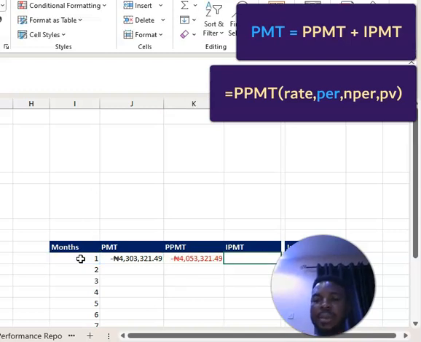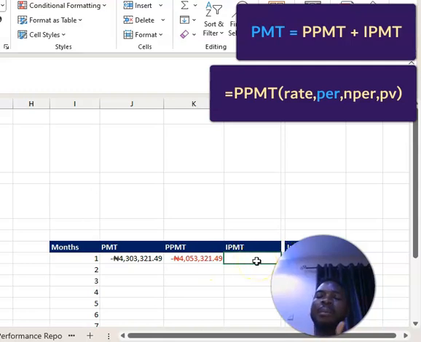Now you can see that out of this amount, the 4,303,321 naira and 49 kobo, which is my monthly repayment, 4,053,321 naira and 49 kobo is the actual repayment for the loan, right? And I've gotten that.